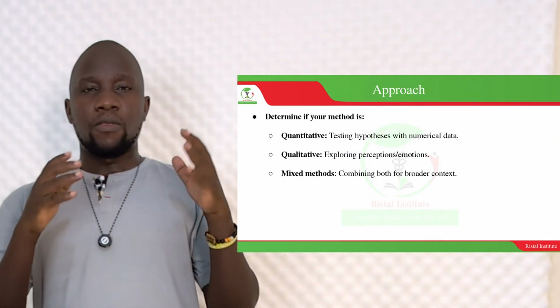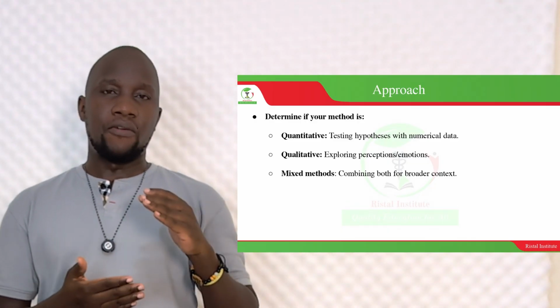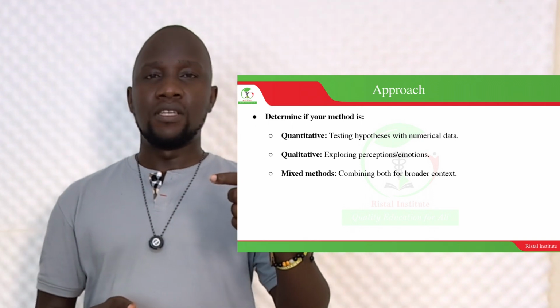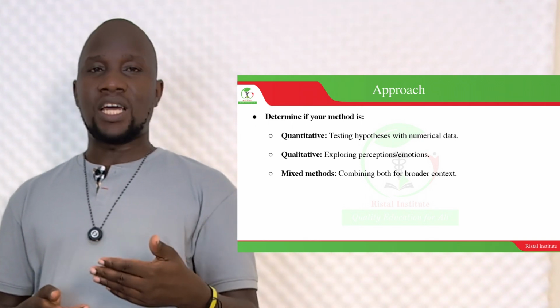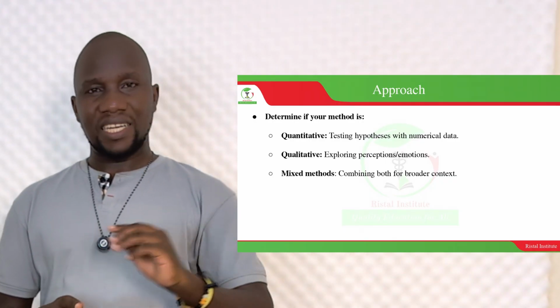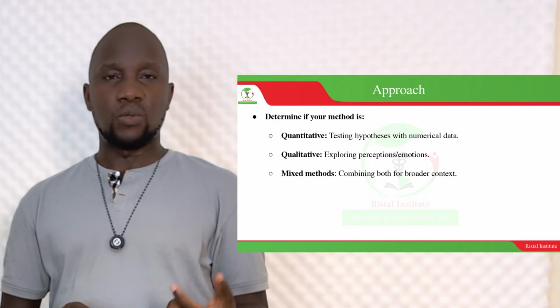Okay, so the first step, usually when you're reading any research report, they will tell you straightforward that this research is a cross-sectional study, or this research was qualitative. That first statement basically gives you the approach that was used.